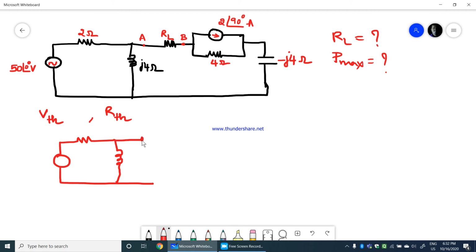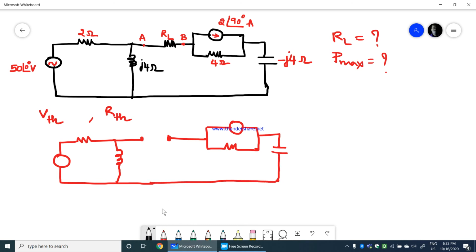So I'll remove this RL. So this is VTH which we need to find out here. There are 4j ohms and 2 ohms. Normally there will be a direction which is given like this.